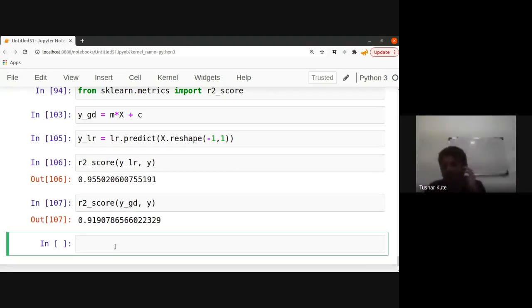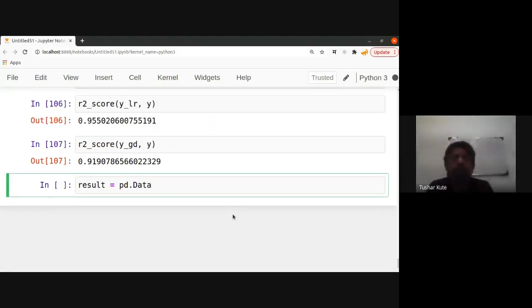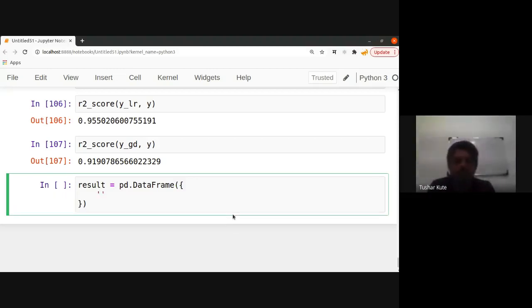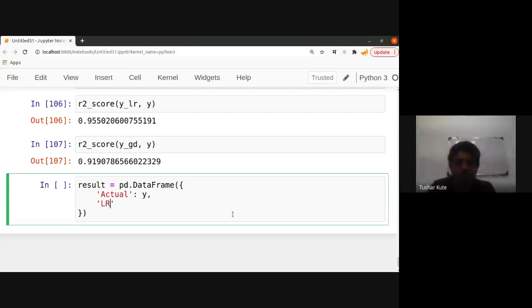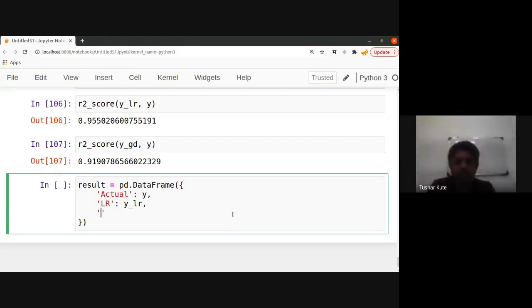And you can even get a table of the predicted values from gradient descent and the predicted values from the linear regression. See this, for example, I create a table here, result with the data frame. See, actual value Y, then LR predicted value is Y_LR, and GD predicted values is Y_GD.